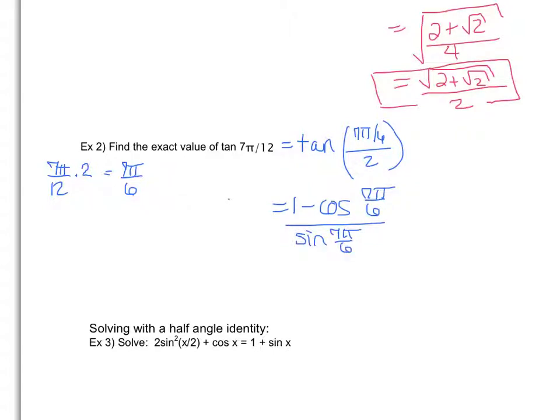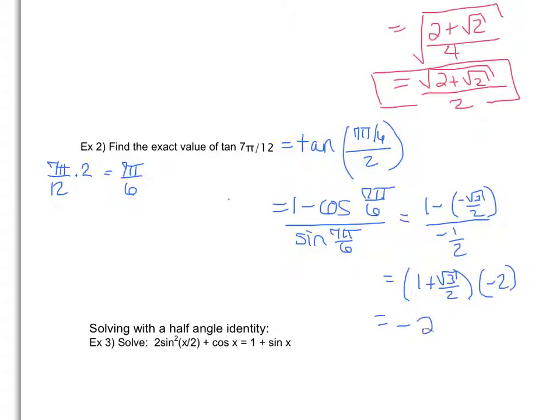Well, I know that cosine of 7 pi over 6 is negative square root of 3 over 2, and sine of 7 pi over 6 is negative 1/2. Well, instead of dividing by a negative 1/2, I'm going to go ahead and multiply by negative 2, giving me 1 plus radical 3 over 2 times negative 2. When it distributes in, I get negative 2 minus radical 3.